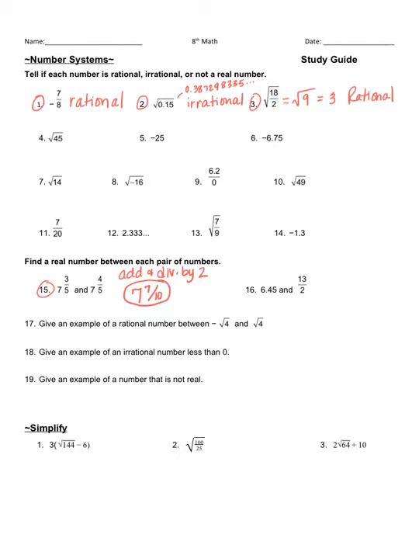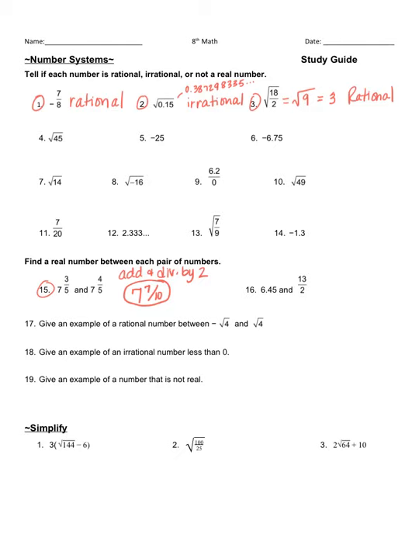I don't have any problem with that. As long as you give me a number and it's between these two, then I will count it. But that can be easily done by just taking your calculator and adding and dividing by 2. Okay, 17, 18, 19, those are just asking you to give an example of a number like that.